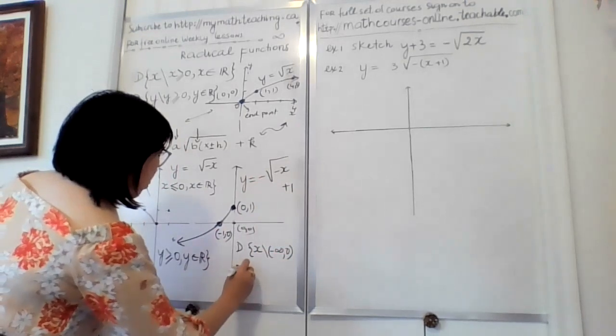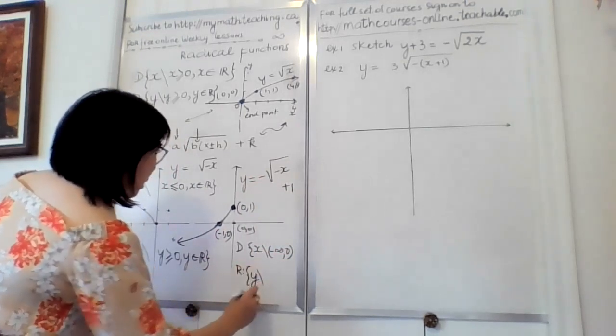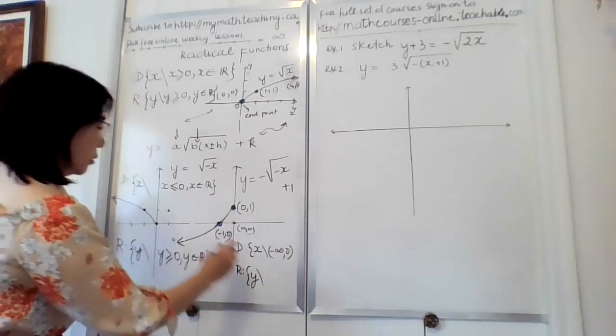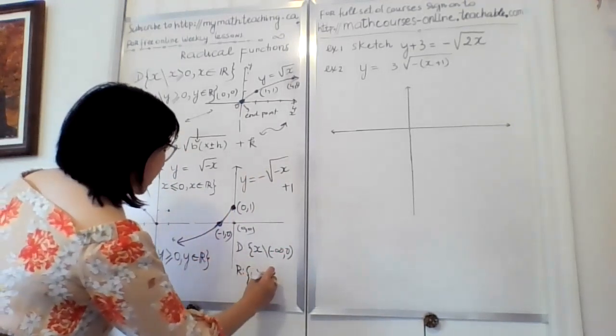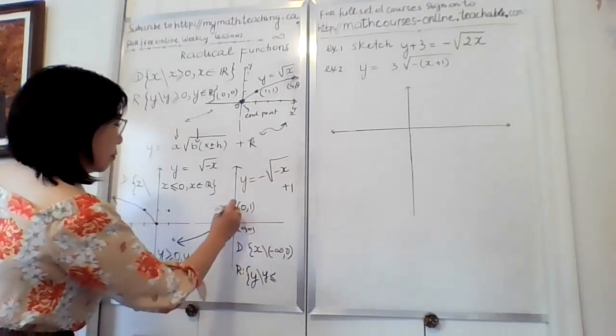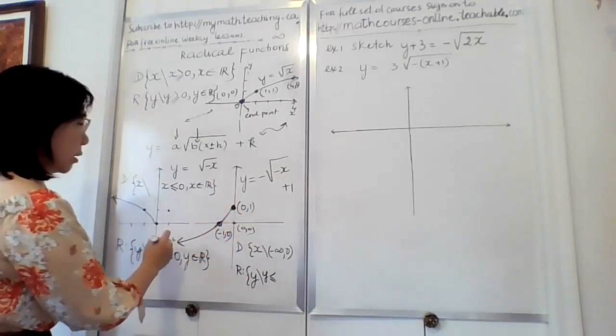And the range will be a set of y such that y has to be less than or equal to 1, from this point downward here.